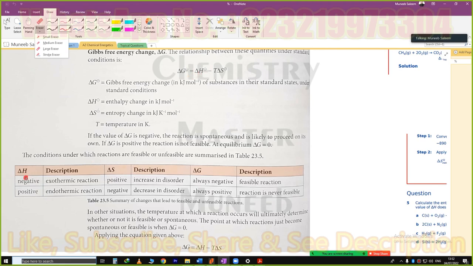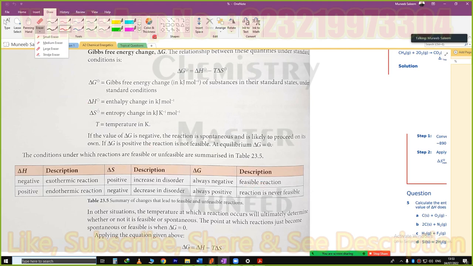If delta H is negative, it means it is an exothermic reaction, and if you apply delta S positive, which means an increase in disorder, then you get the value of delta G negative, and delta G negative according to this statement means spontaneous or feasible. So this is a feasible reaction.